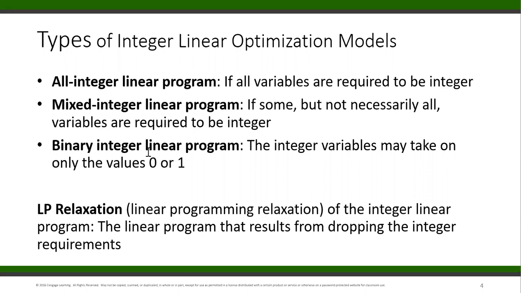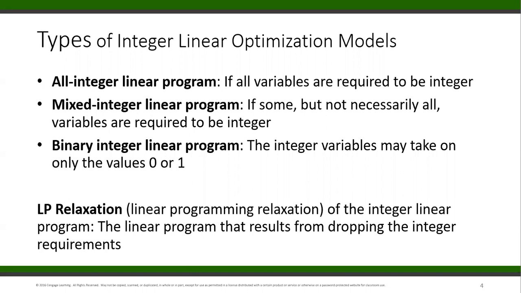In practice, in a lot of cases, it's going to be very time consuming to solve binary and mixed integer and all integer LPs. So the first step usually in the solving process in practice is to relax the integer assumption and solve the problem and see if the result that you get makes sense.